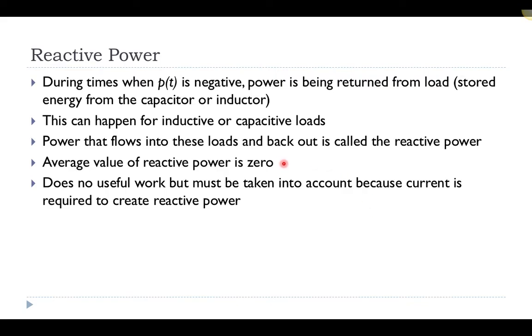So the average of that reactive power is always going to be zero. This is only true for inductors and capacitors, and we're going to see that. Inductors and capacitors are those special devices that can store energy and then release that energy.